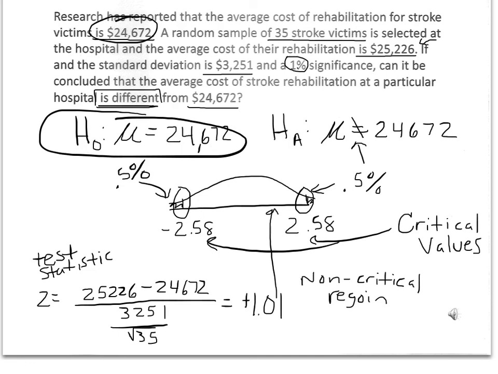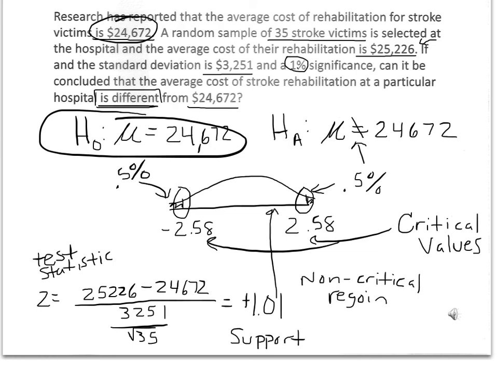Since we're unable to reject that, this data does support the idea that the average rehabilitation cost is $24,672. So this does support what they claimed.